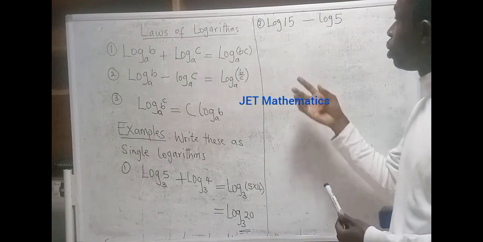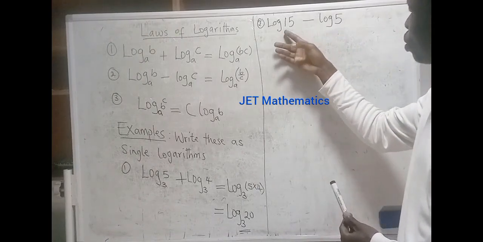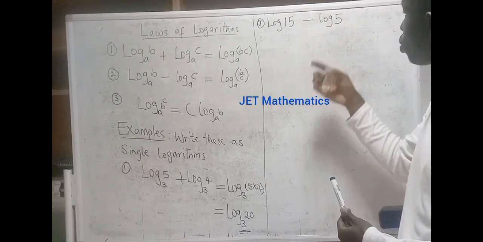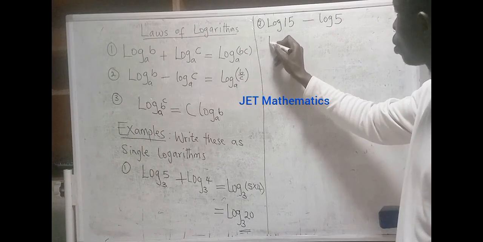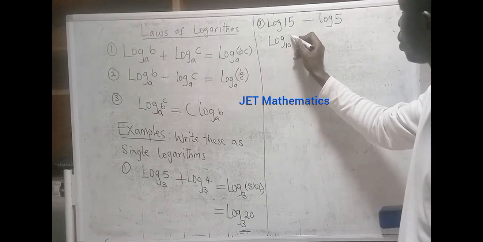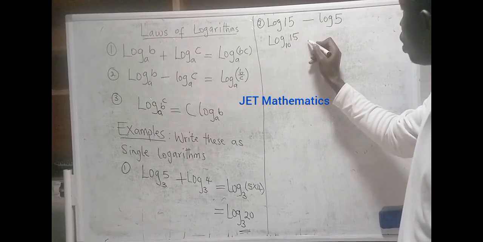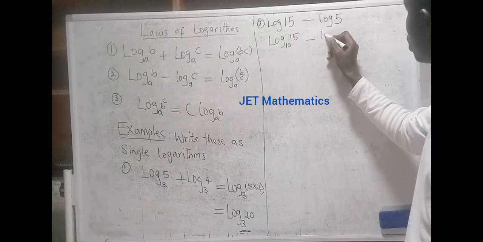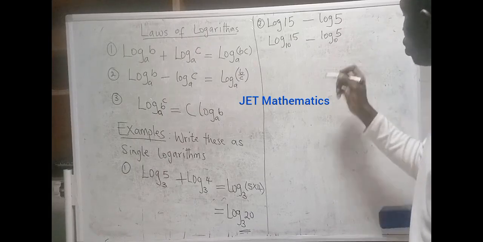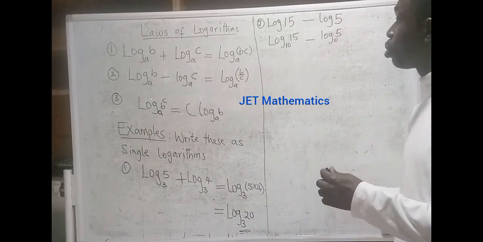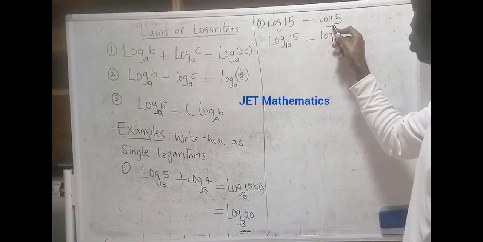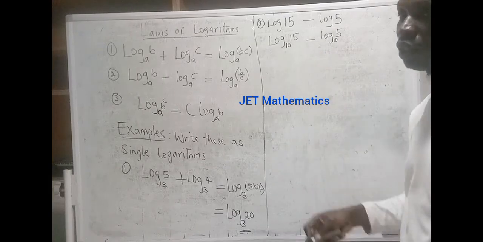In any logarithm question where the base is not written, it means that the logarithm is in base 10. So this can be written as base 10, and this can also be written as base 10. In logarithm questions where the base is omitted, it means the logarithm is in base 10.